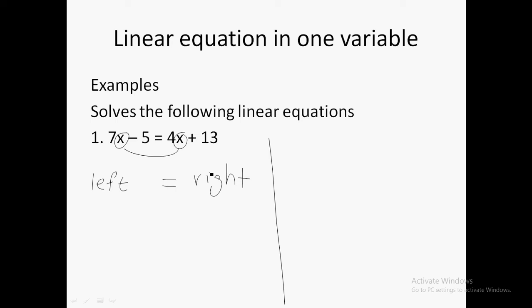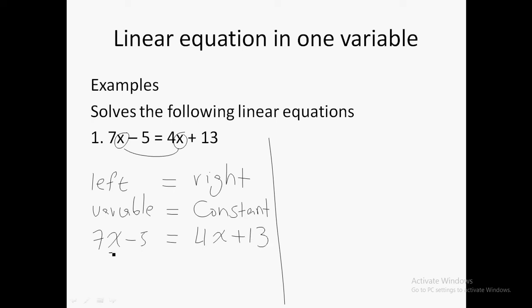On the left side, here we need to have the variable only, and this will be the constant only, all numbers. If we write again, 7x minus 5 is equal to 4x plus 13.